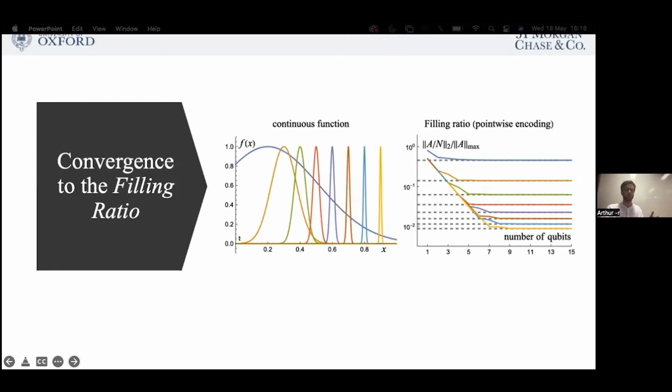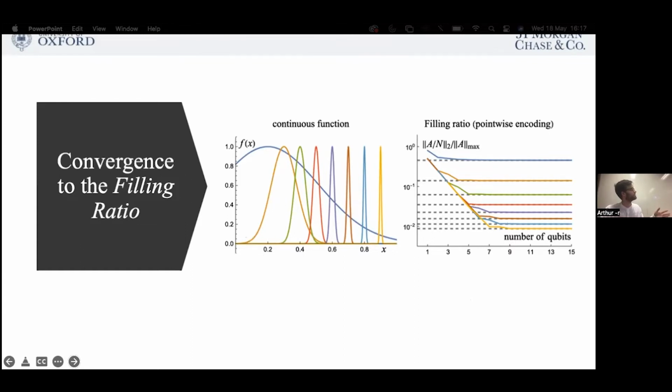One, as the function becomes more peaked, more narrow, the filling ratio decreases. On the panel on the right, the filling ratio corresponds to the dotted gray lines. So for example, the filling ratio for the far right function corresponds to the dotted line on the bottom. Each of these lines corresponds to the filling ratio, or the generalized filling ratio, which is a concept we'll talk about in a moment, for these functions.